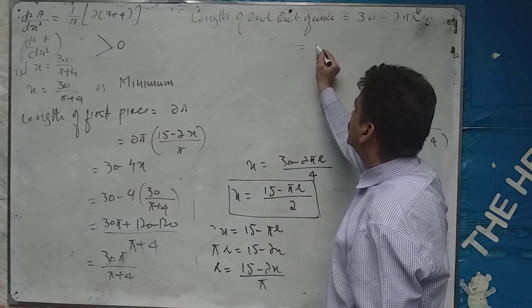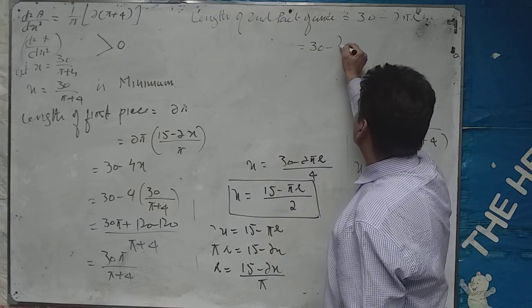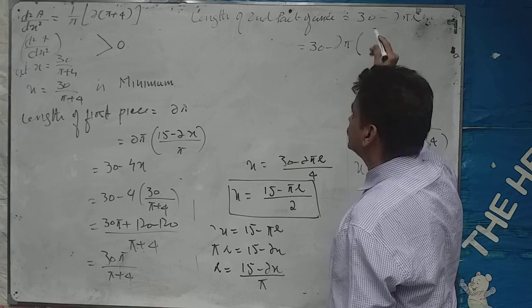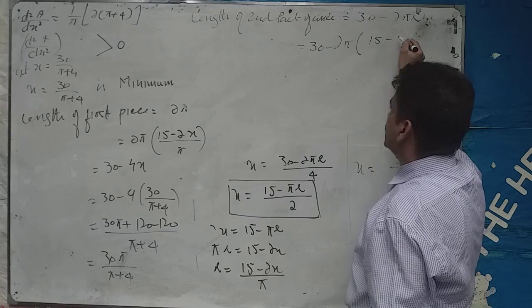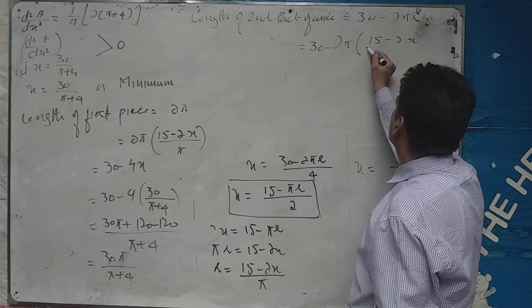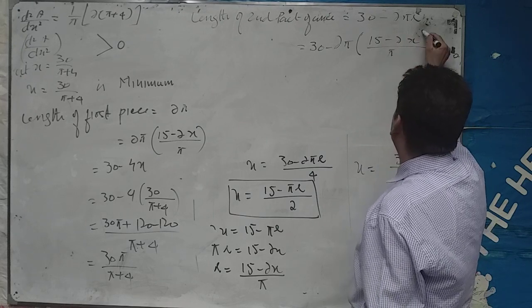We write 30 minus 2 pi, value of r, which is 15 minus 2x divided by pi.